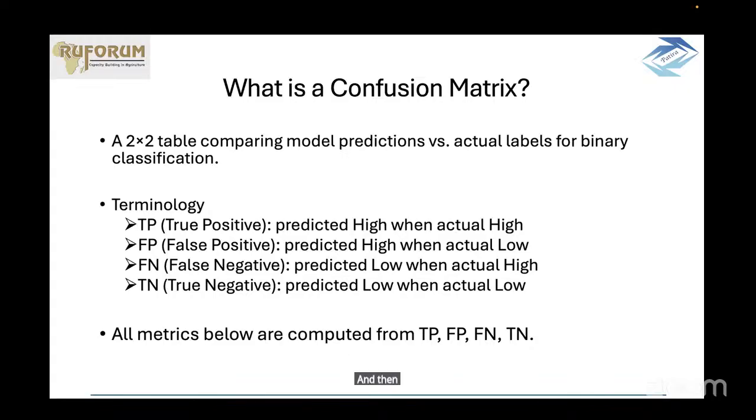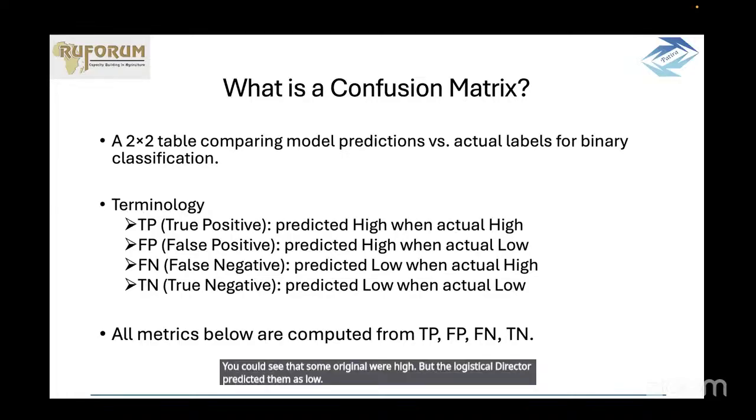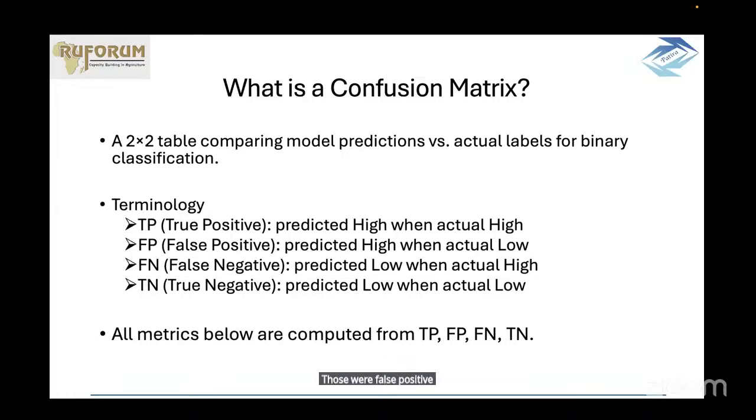And then as you went down, you could see that some of the originals were high, but the logistic regression predicted them as low. Those were false positives. And then the false negative: when she was presenting her results, in some places the actual yield was low, but it was predicted as high.